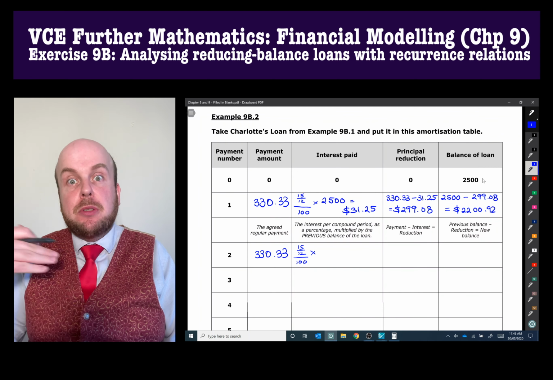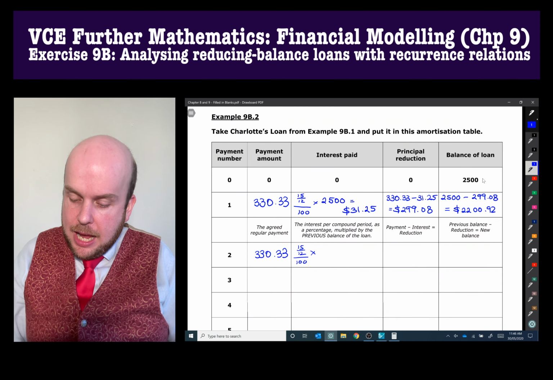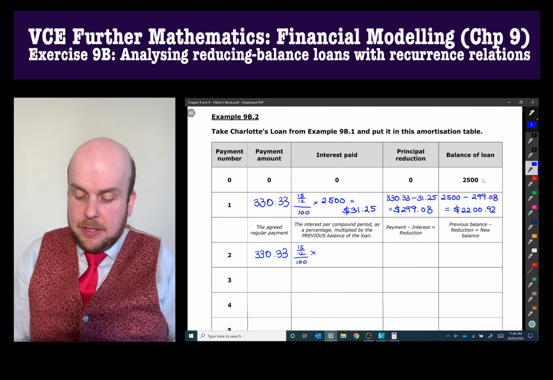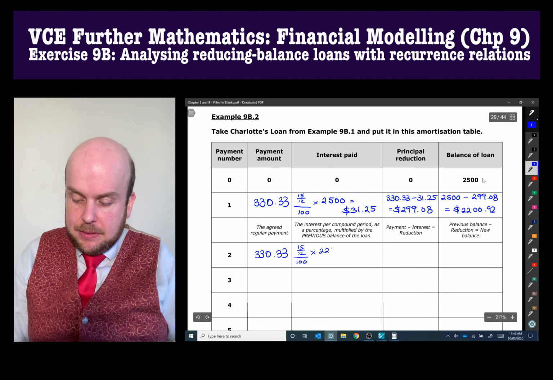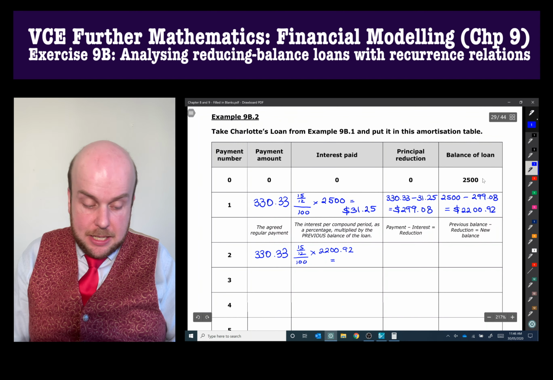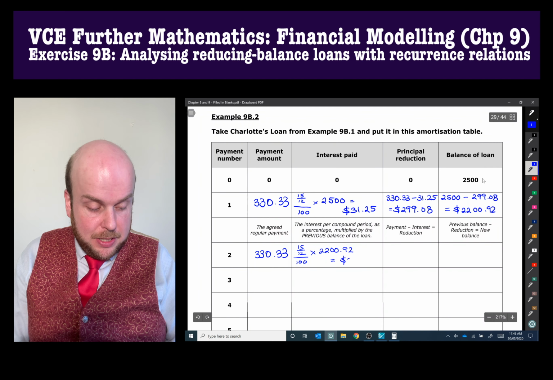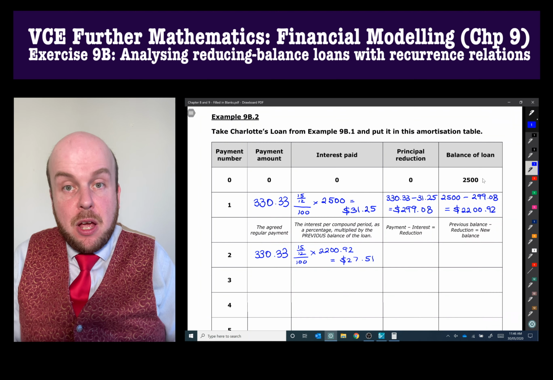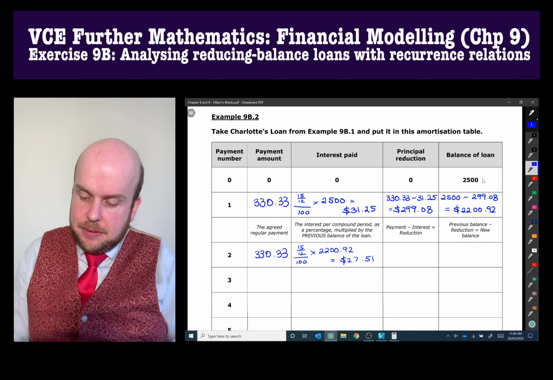So we always multiply with the previous balance of the loan. In this case, the previous balance is $2,200.92, and when we multiply that together, it should equal $27.51. Notice that the fee decreases when the loan decreases.